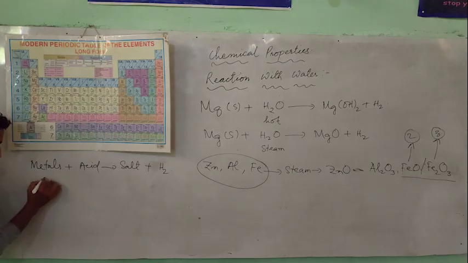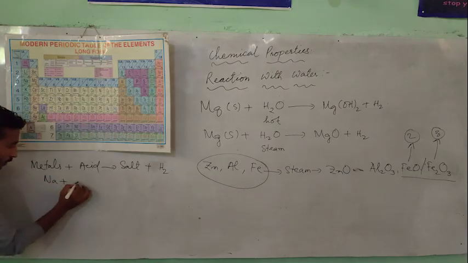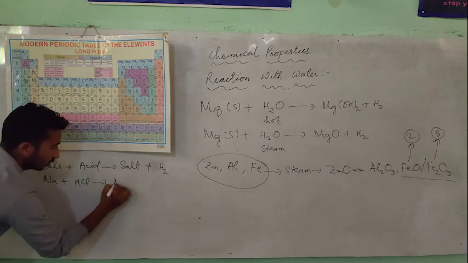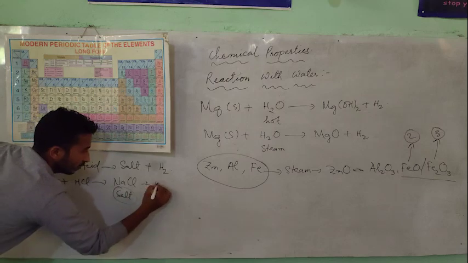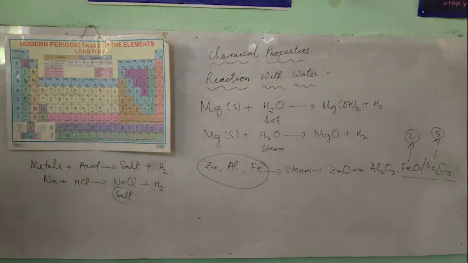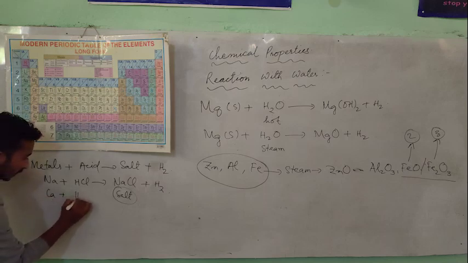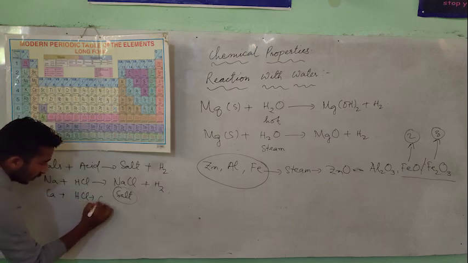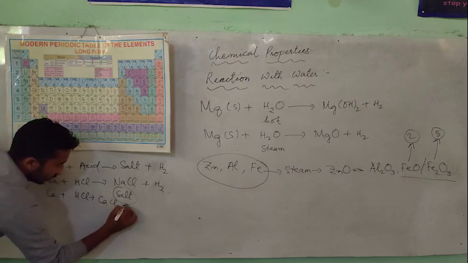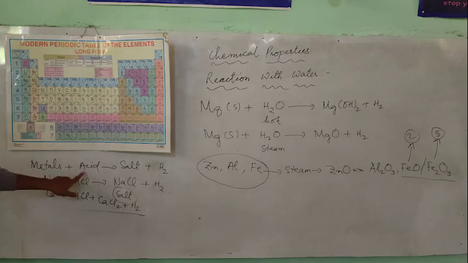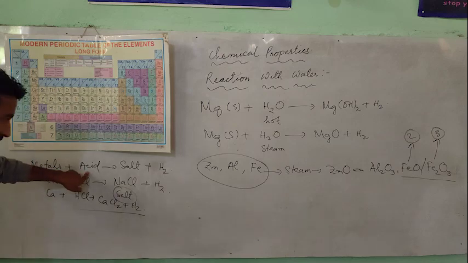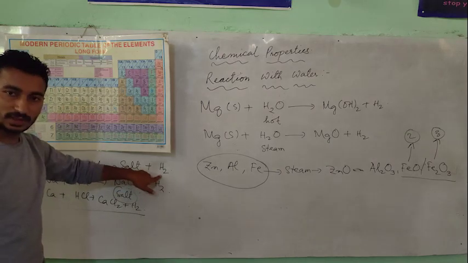Sodium reacts with hydrochloric acid to form sodium chloride, which is the salt, and hydrogen gas. Next, calcium reacts with hydrochloric acid to form calcium chloride and hydrogen gas. So most of the metals, let's say not all, react with dilute acid to form salt and hydrogen gas.